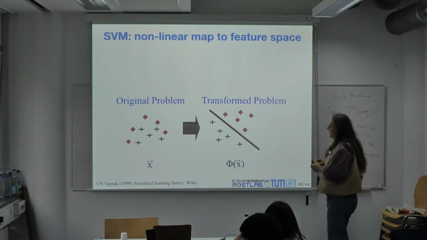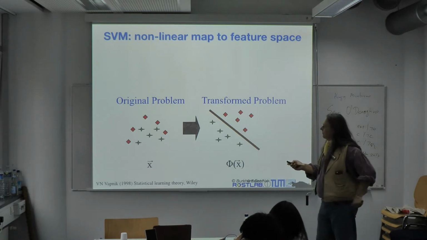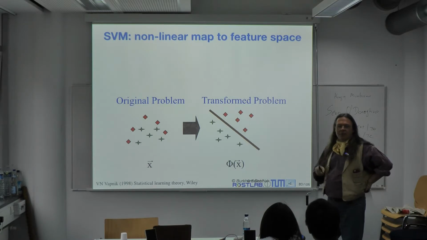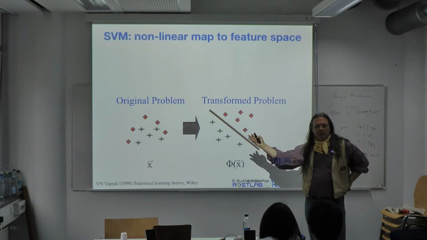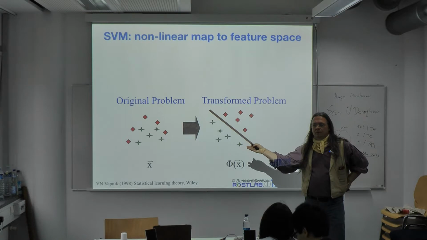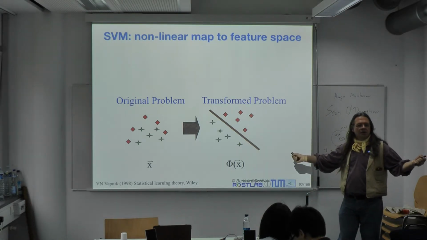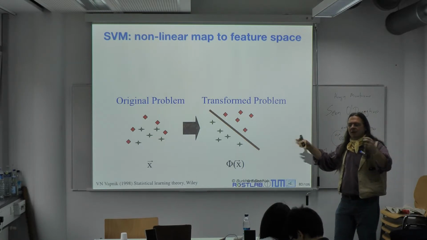In the example of the SVM, you blow it up into a higher dimensional space. Ultimately, it's the same thing, because these hidden units essentially define a higher dimensional space. So it's a similar idea.